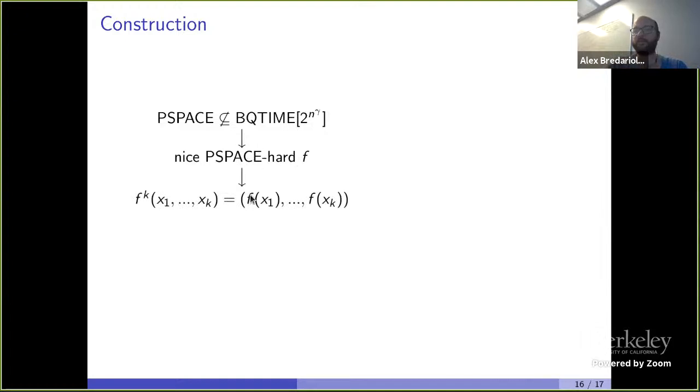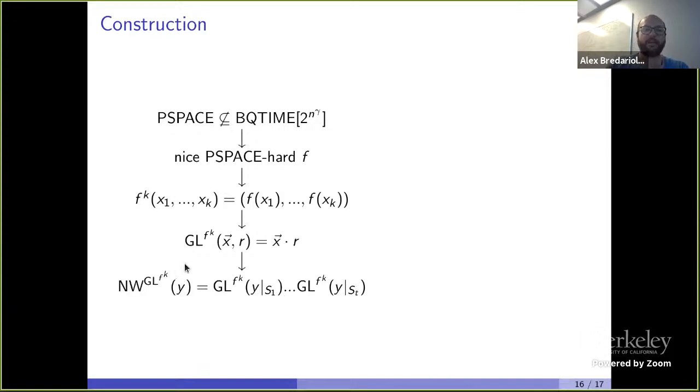And then considering the concatenation or the parallel repetition of this function multiple times, applying the Goldreich-Levin trick, and finally using this function in the Nisan-Wigderson construction to construct PRGs.